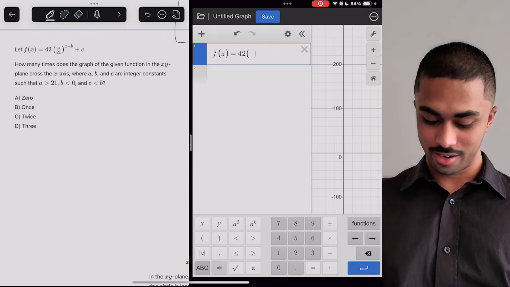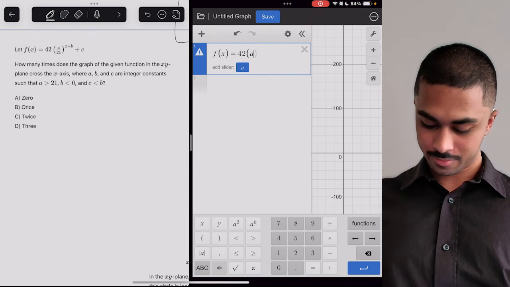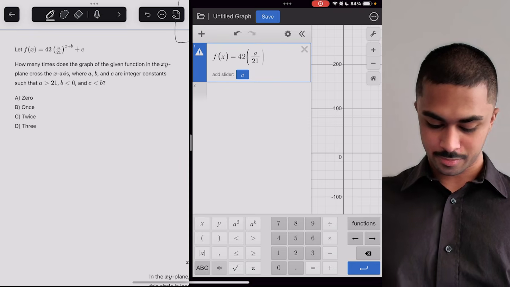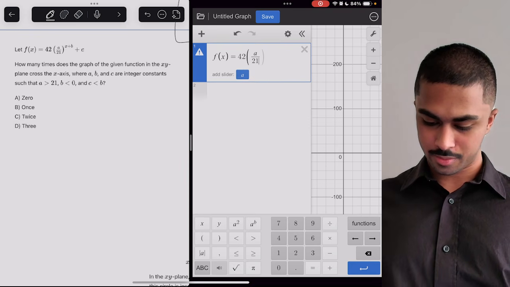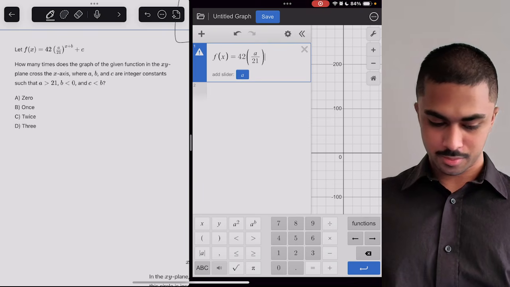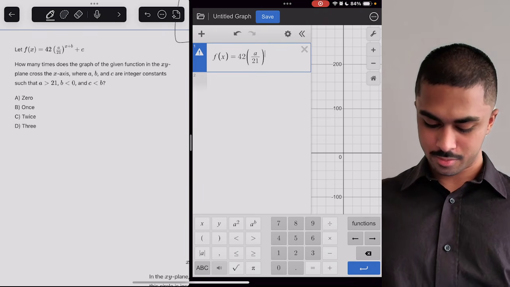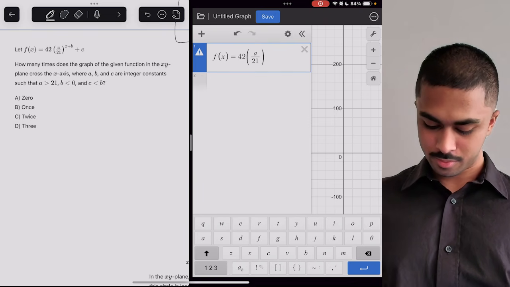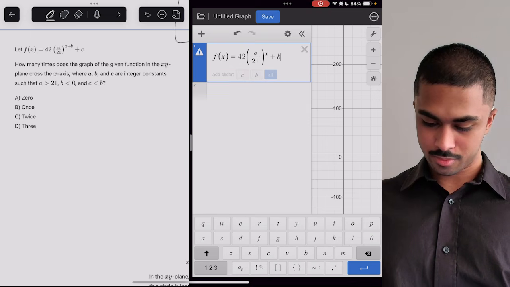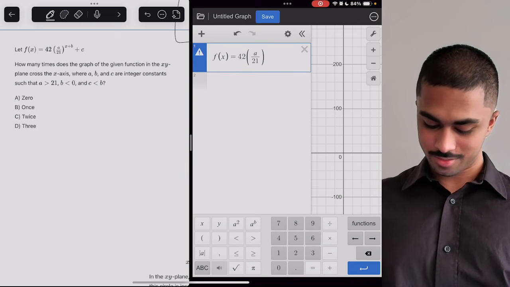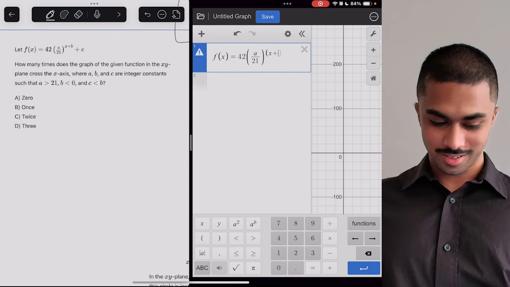We don't need to know any of that. Put parentheses here.